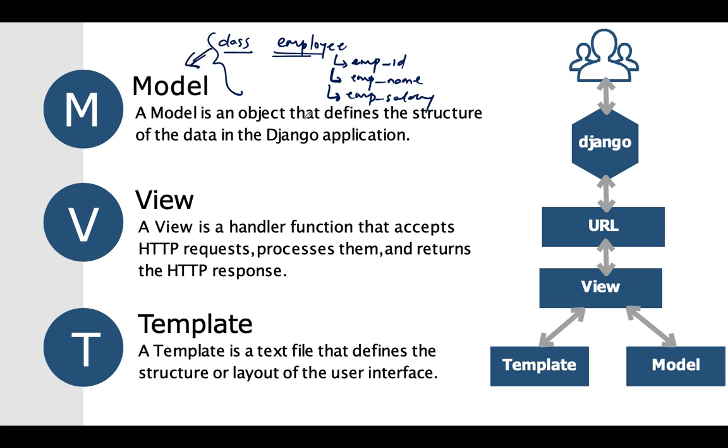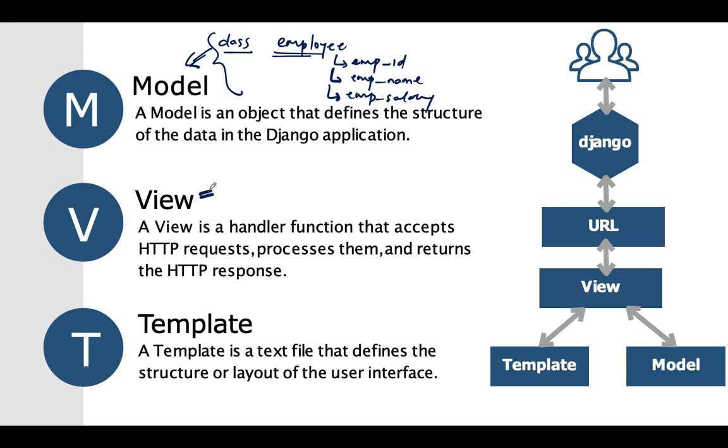Now, based on this model, you need to write the logic for it. You need to store data into this model and you need to send that data to the front end, and you have to receive the same data from the front end to the back end as well. That will be done through your view.